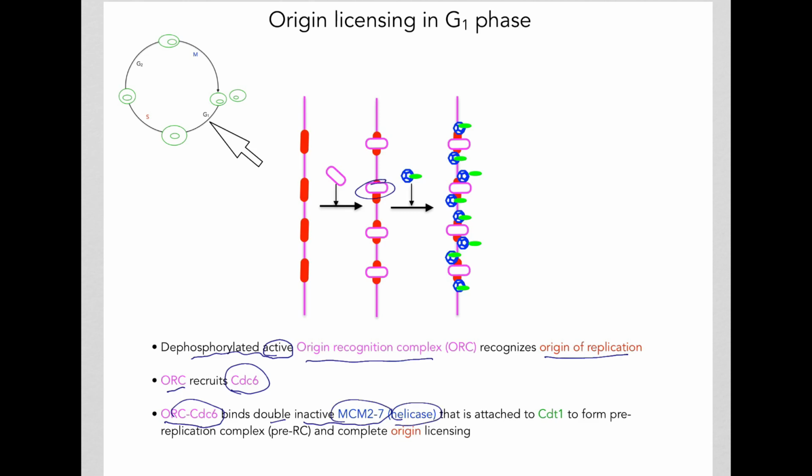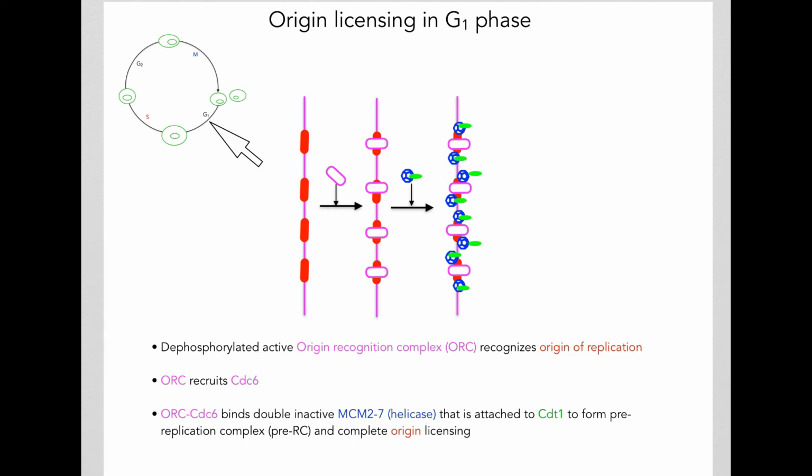So the helicase will now bind to the origin of replication, and this helicase has attached to it another protein called CDT1. All of these bindings form the pre-replication complex, and this completes the origin licensing.